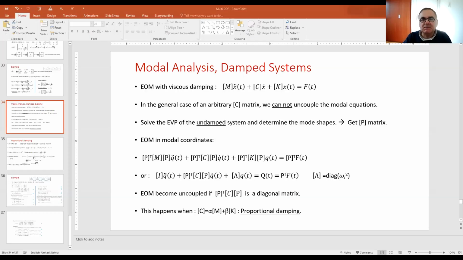And this happens for undamped systems very nicely. That is, the modal matrix formed out of the mode shapes of the system uncouples the equations.